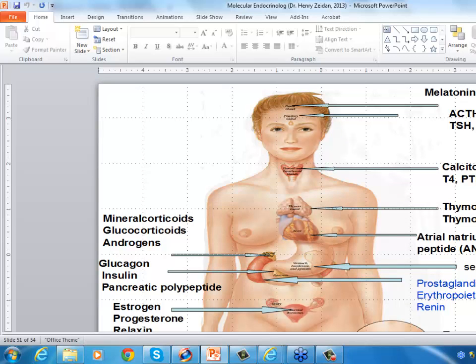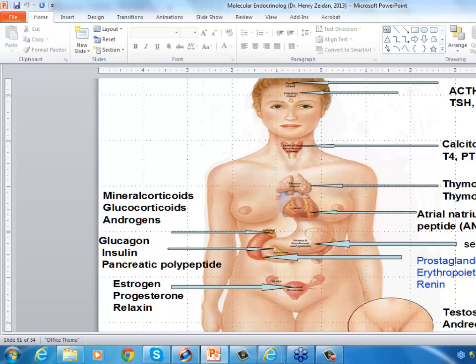Anatomically, you have to keep this figure in mind. So you have the hypothalamus, anterior pituitary gland, that tends to produce LH, TSH, GH, ACTH. Thyroid: calcitonin, T3, T4, PTH. Lungs, thymus, thymosin.